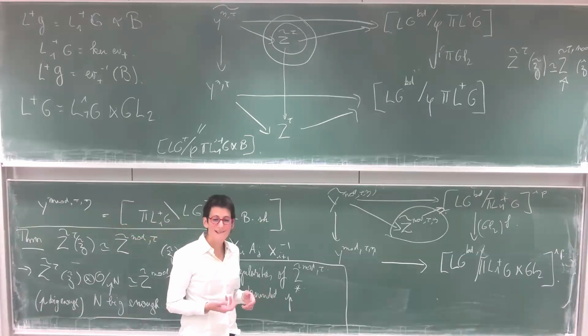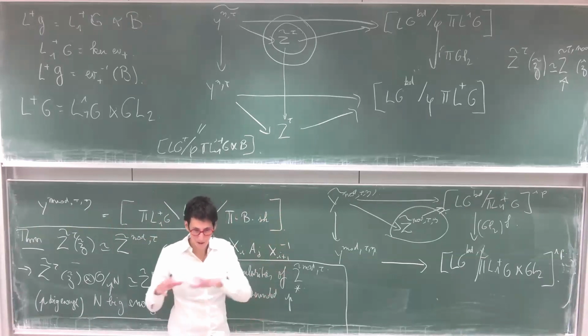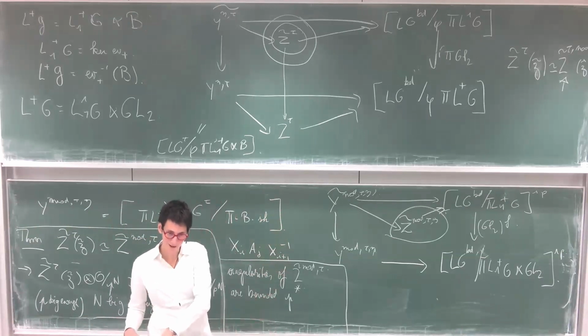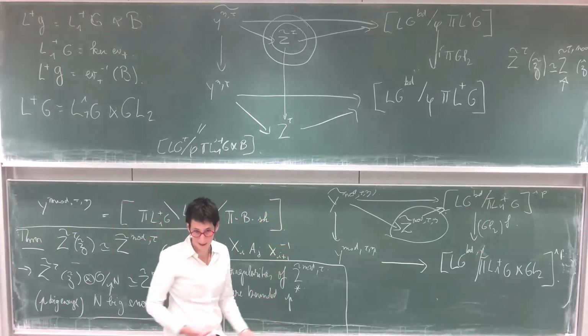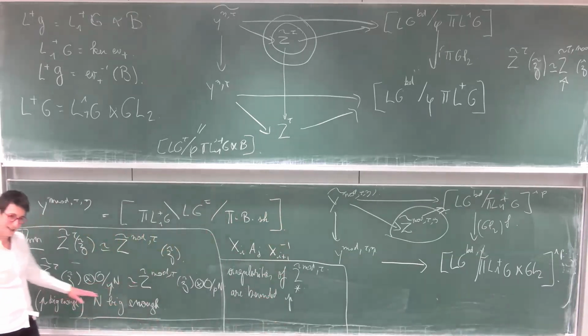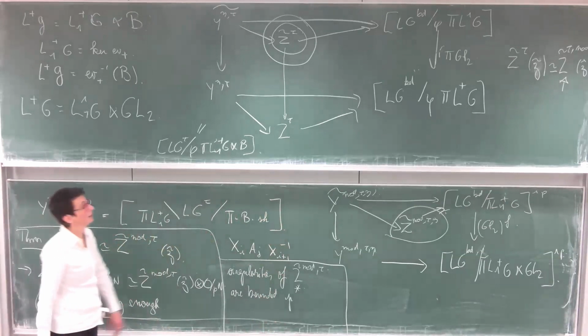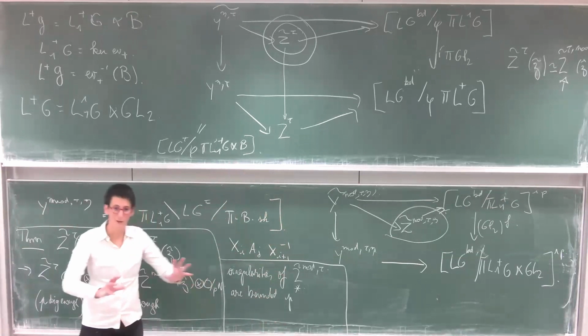So I have equations before the flat saturation. At this level, I have a scheme and very explicit equations. But in order to obtain the deformation ring, I have to take the flat saturation.